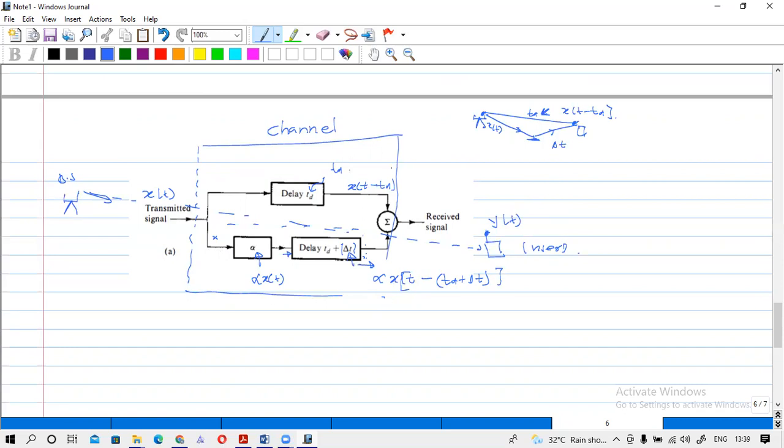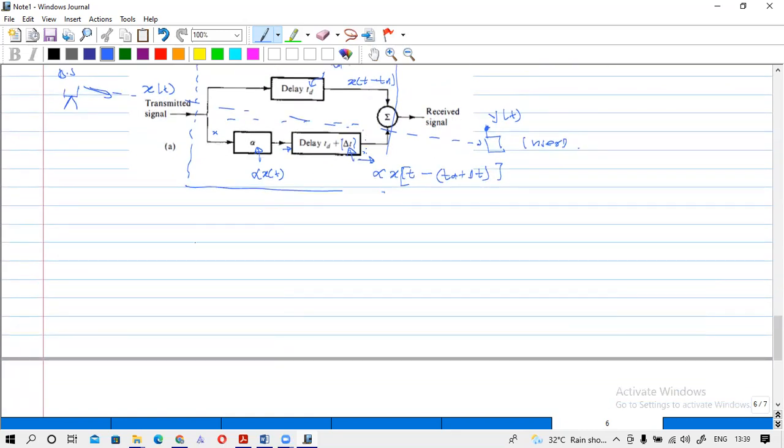You can see that at the received end, at the user, both signals are added, so there is a sum of these two signals. We can say that the output signal y(t) is equal to x(t minus Td) plus alpha x(t minus Td plus delta t).